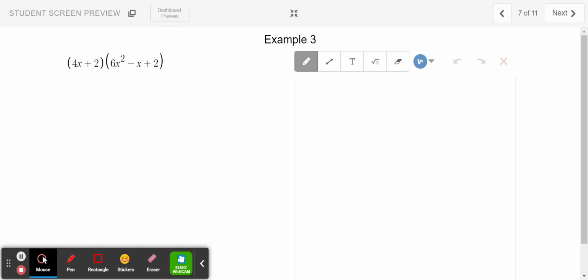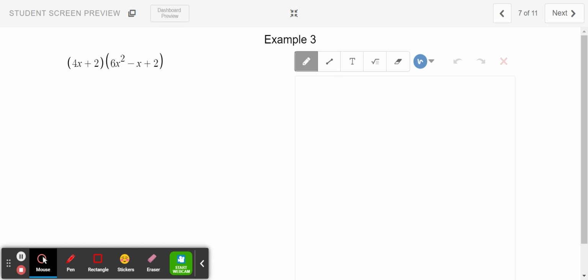So now I have a binomial times a trinomial. So I'm going to use that vertical method this time. Like I said, I just want to make sure that you see some different examples of how to use the different methods, just so you can pick from what you like. So I'm going to take the longer polynomial and put it first.